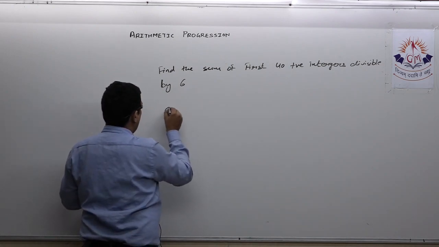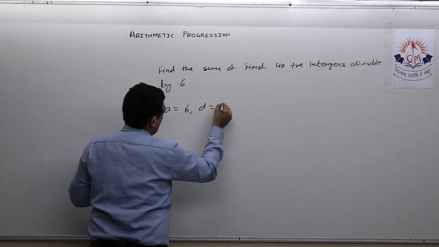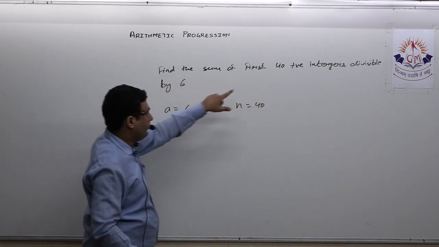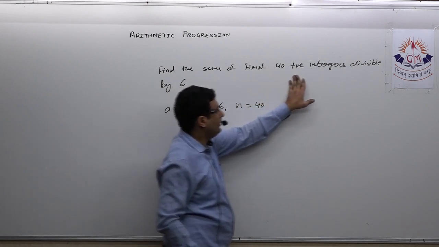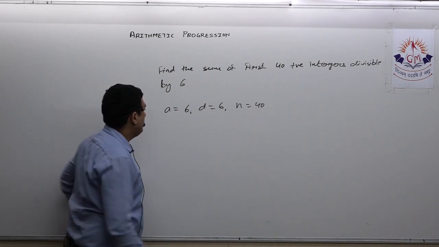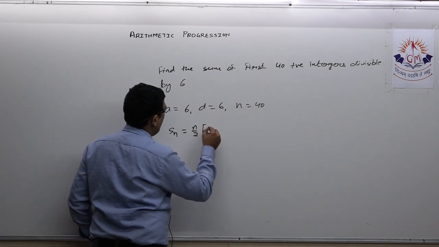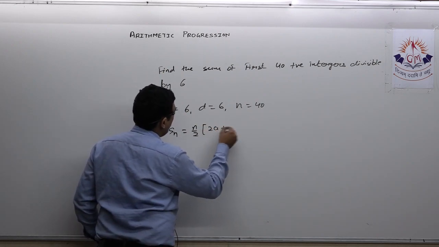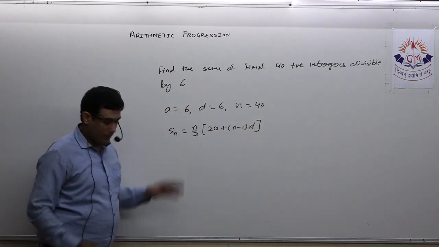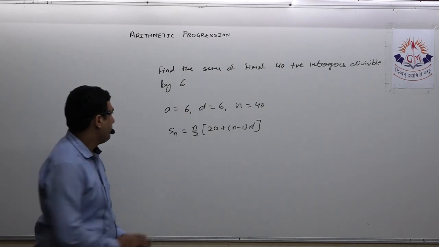So here a is 6, d is again 6, and n is equal to 40, because it is the first 40 positive integers divisible by 6. Just by applying the formula n by 2 into 2a plus n minus 1 into d, we get the sum of first 40 positive integers which are divisible by 6.